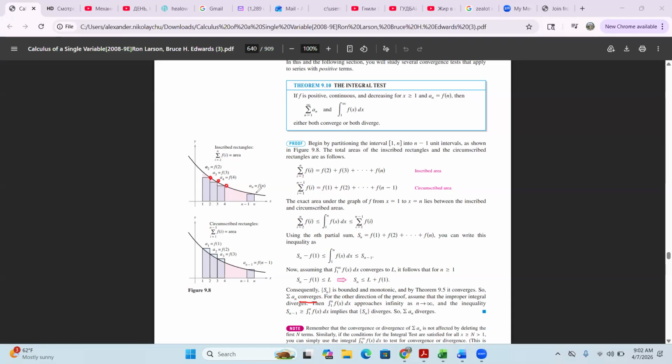But the point of the story, if we have infinitely many pieces, so a_n, a_(n+1), and then we continue this summation all the way to infinity, then we could relate the areas of these infinitely many rectangles with the actual integral, such that the base will be 1, so you will be multiplying by 1 your value of function, and if you multiply by 1, nothing changes, right?